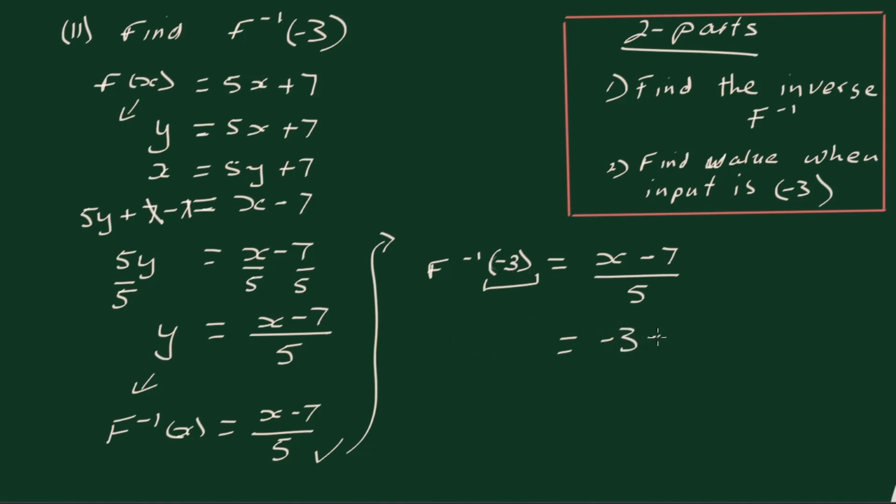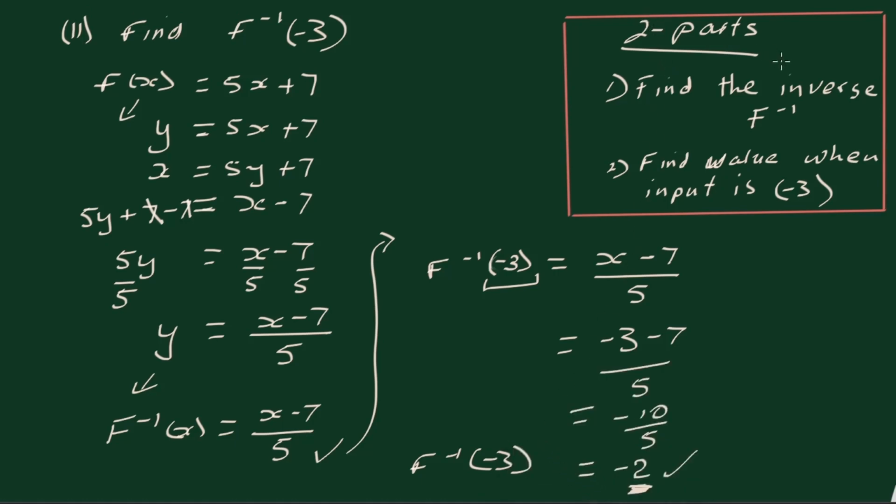So it's -3 minus 7 all over 5. -3 minus 7 will be -10. Negative 10 divided by 5 will give me -2. And that's the answer for this question here. So I'll restate my answer. The answer is f inverse of -3 equals -2. And that's the final answer.